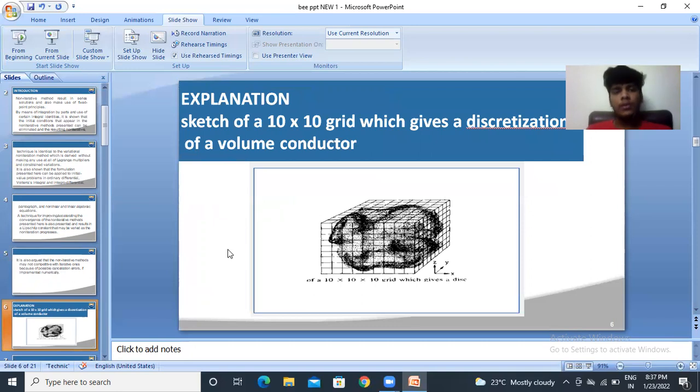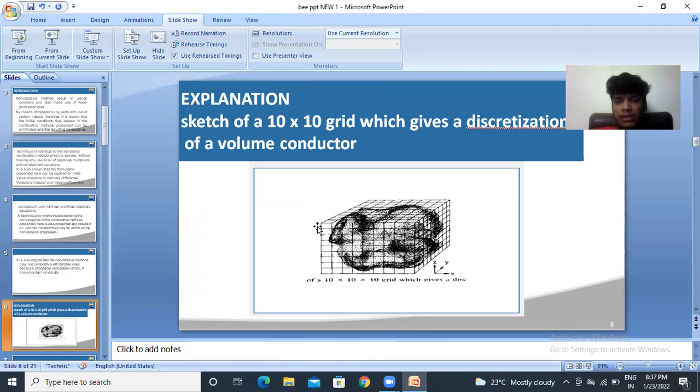Now the explanation part. This is a sketch of a 10 by 10 grid which gives a discretization of a volume conductor. Assume it in a 3D image.